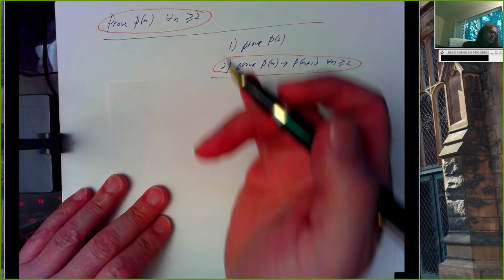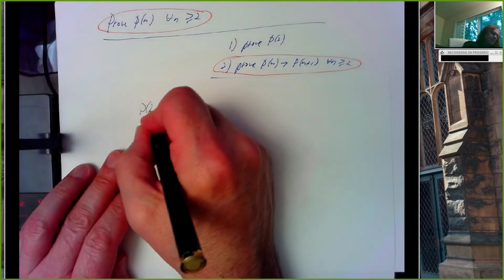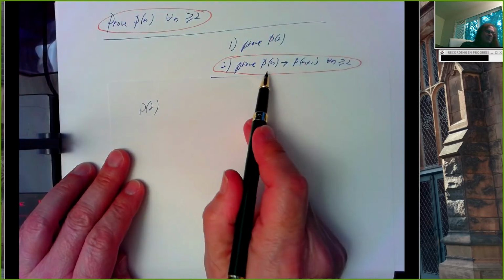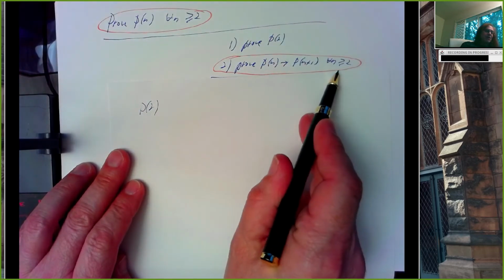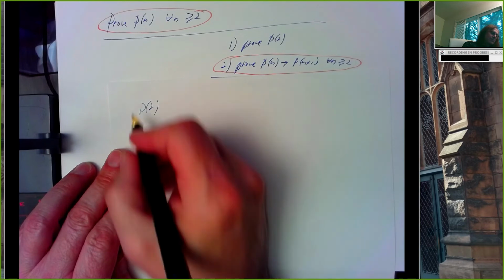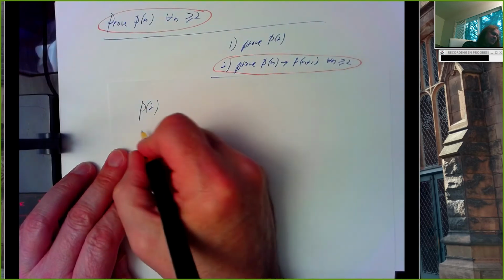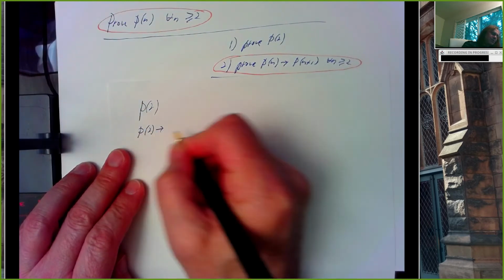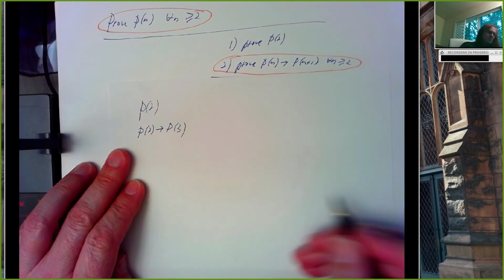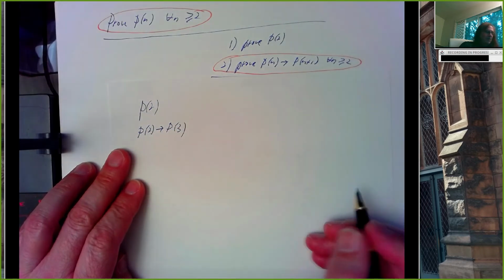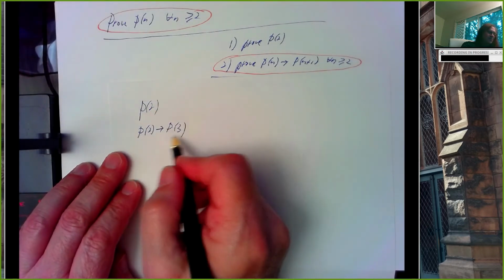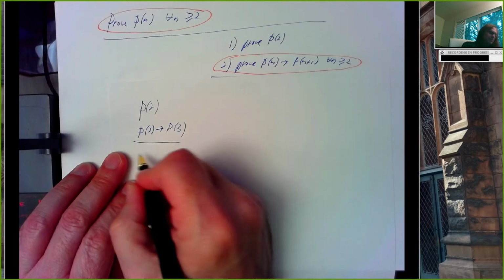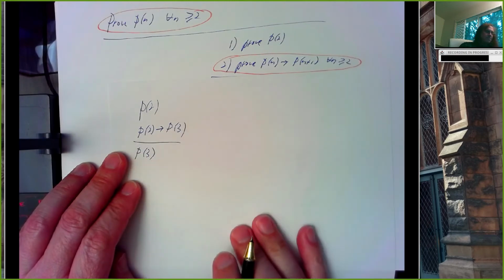And here's how I do this. I say P of 2 is true. And since P of n implies P of n plus 1 for all n, if I just set n equal to 2, this statement implies P of 2 implies P of 3. Well, since P of 2 is true, and if P of 2 is true, P of 3 is true, that gives me P of 3.